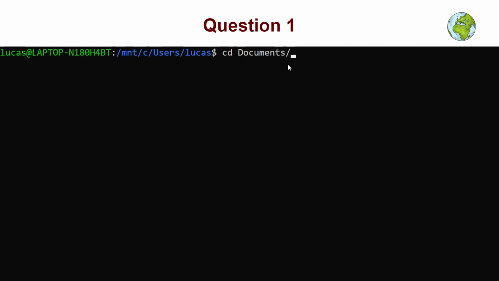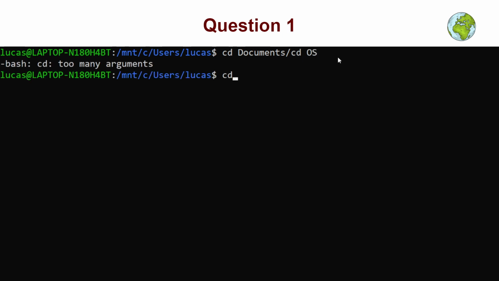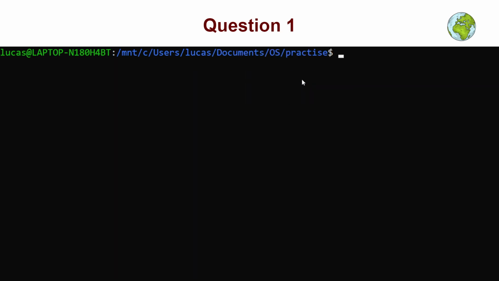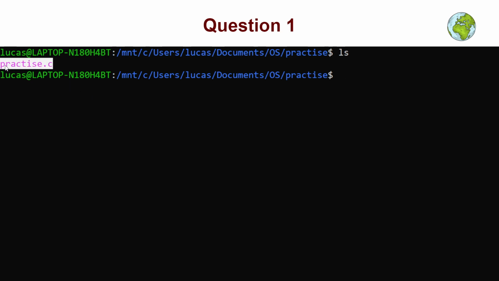In our case, we have saved this inside Documents, inside the folder OS, and then we have the folder practice. So we go to OS and then we go to practice. Now if we list the files we have here, we see that we have this code, practice.c. In your case, if you have another folder or another name of the file, you just need to go to the same directory, the same path, where you have this C file.